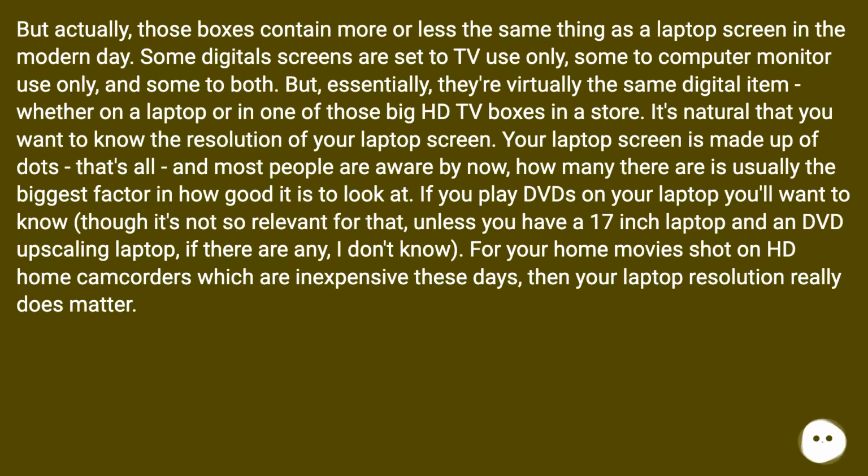Your laptop screen is made up of dots, that's all, and most people are aware of that by now. How many there are is usually the biggest factor in how good it is to look at. If you play DVDs on your laptop you'll want to know, though it's not so relevant for that. For your home movies shot on inexpensive HD home camcorders, your laptop resolution really does matter.